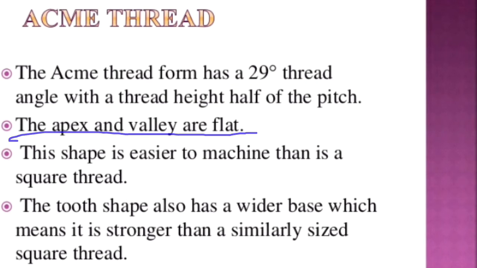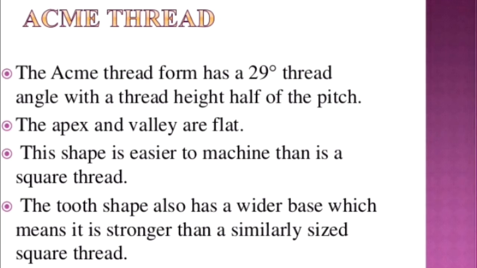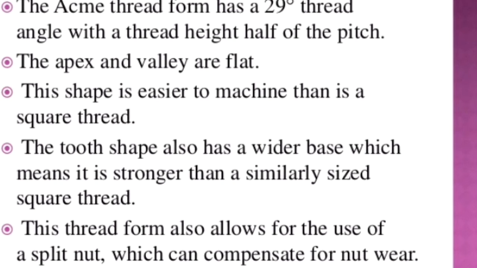From a manufacturing point of view, it is easier to machine compared to square threads. The tooth shape also has a wider base, which means it is stronger than a similar sized square thread. These threads allow the use of a split nut, which can compensate for nut wear. This is one of the best advantages of ACME threads.